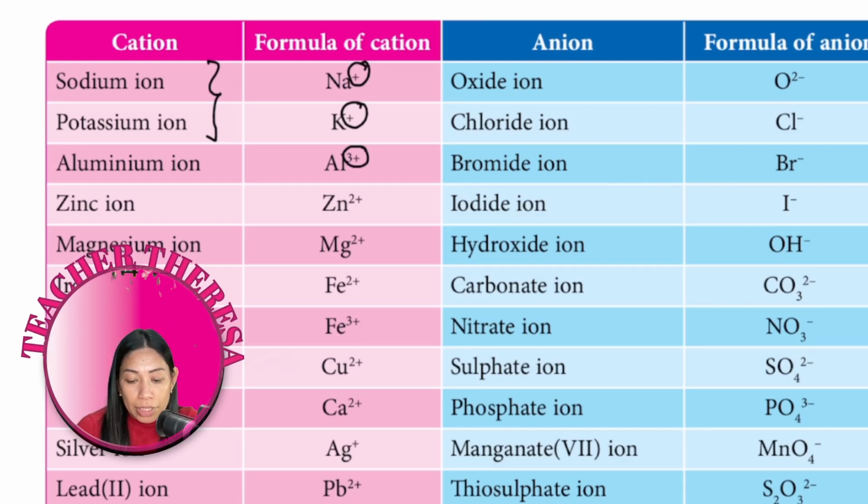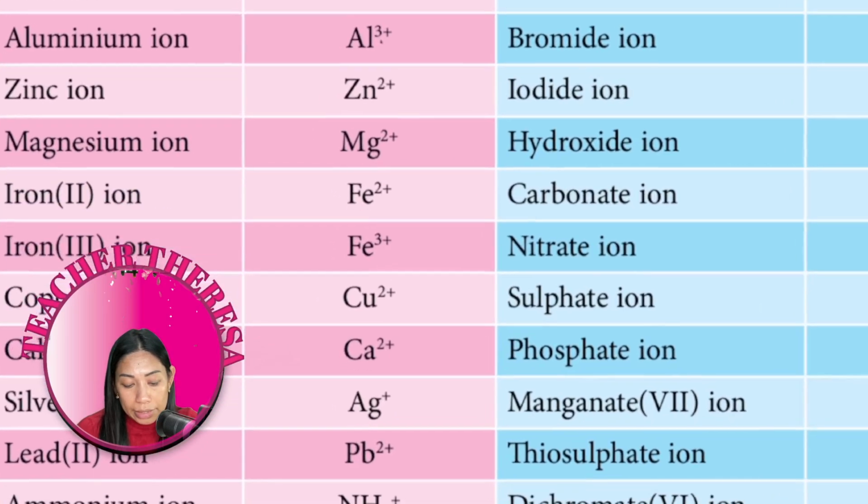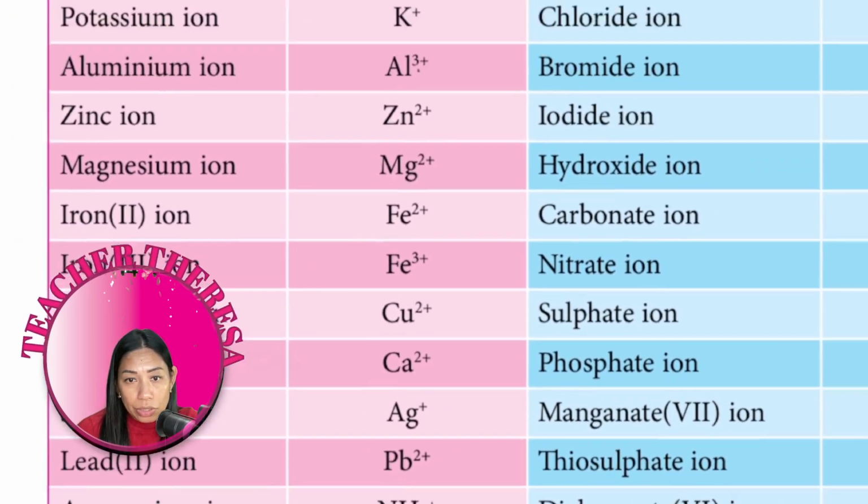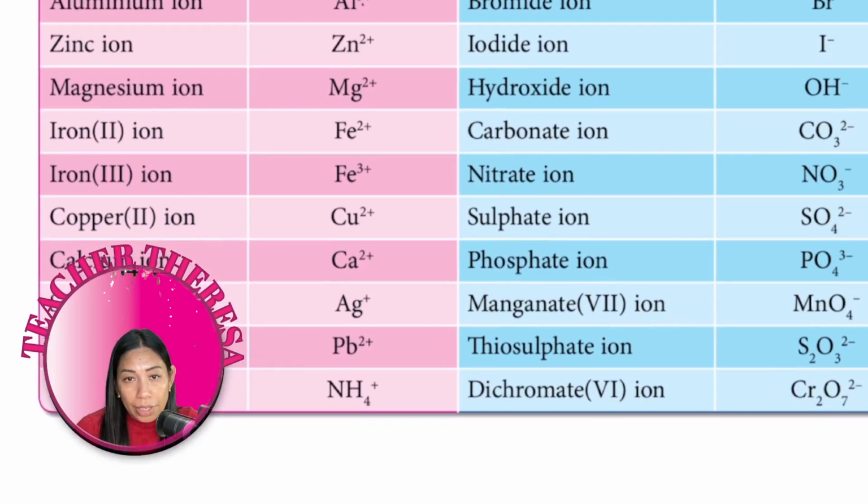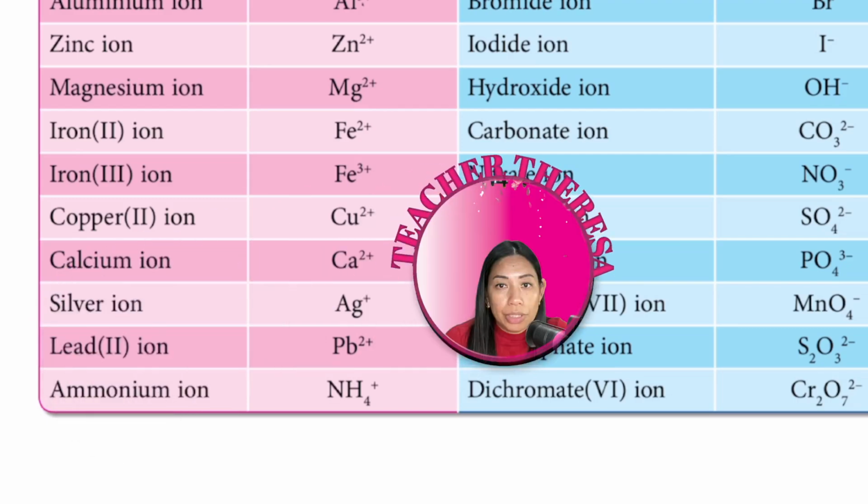Now, if you look carefully at ions like lead two ions, what you can notice here is not only lead 2, you can see iron 2, with the Roman 2 written there, and iron 3. This iron 2, iron 3, where there's a Roman numeral, is actually the charge.